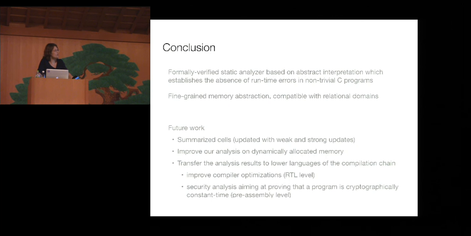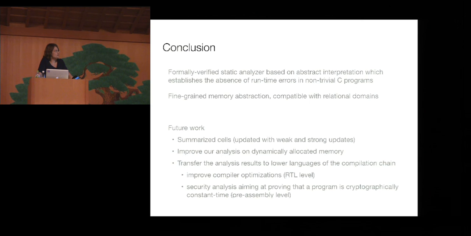We have designed a first extension that is called a summarized cell, where an abstract cell represents several concrete cells. And this abstraction is working, but it is only performing weak updates. So we intend to improve this extension and to perform, when we can, both weak and strong updates.